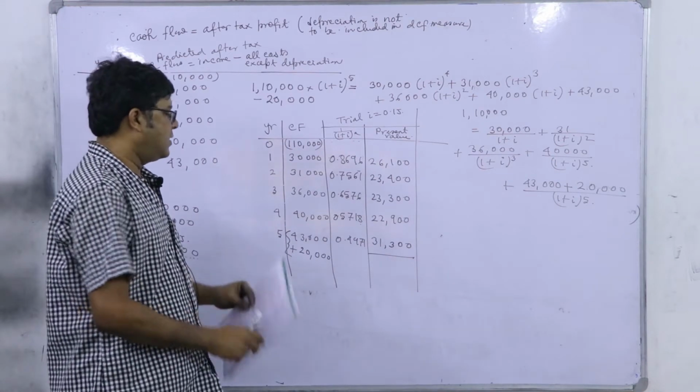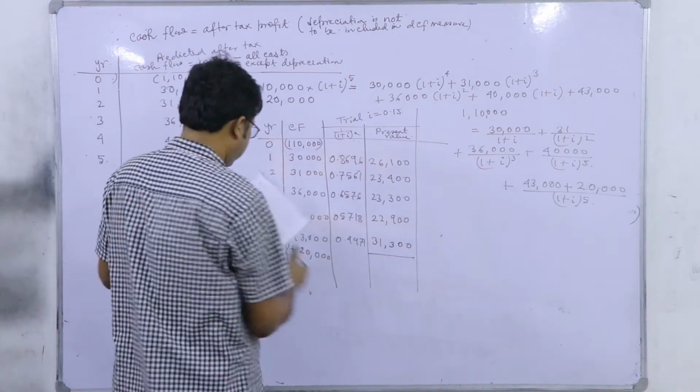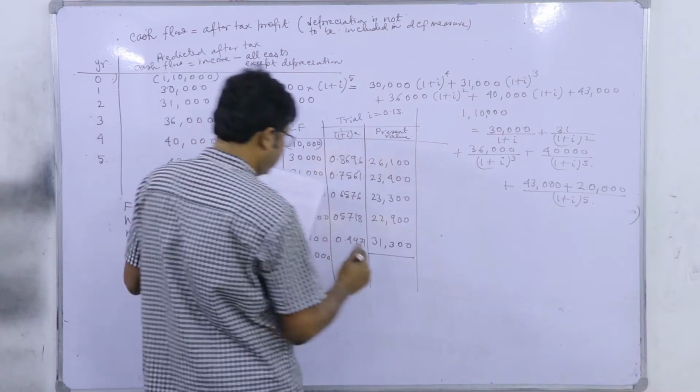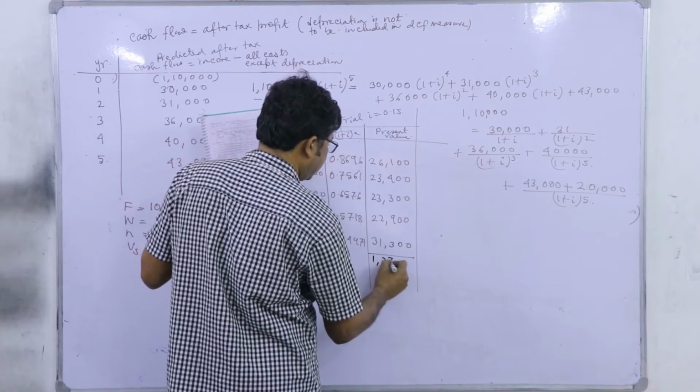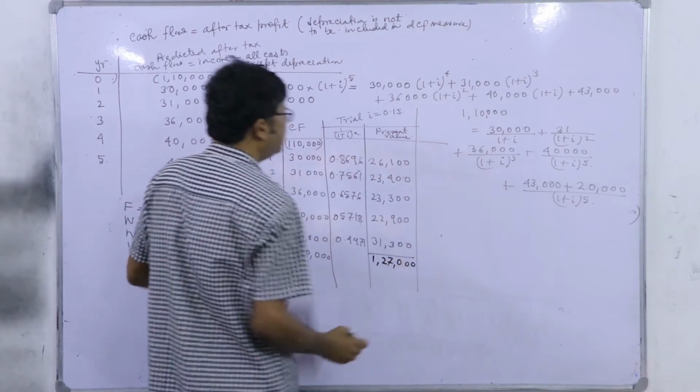So, this is the calculation we are making. So, what is the present worth? Here it is 1,27,000. So, it is not matching.